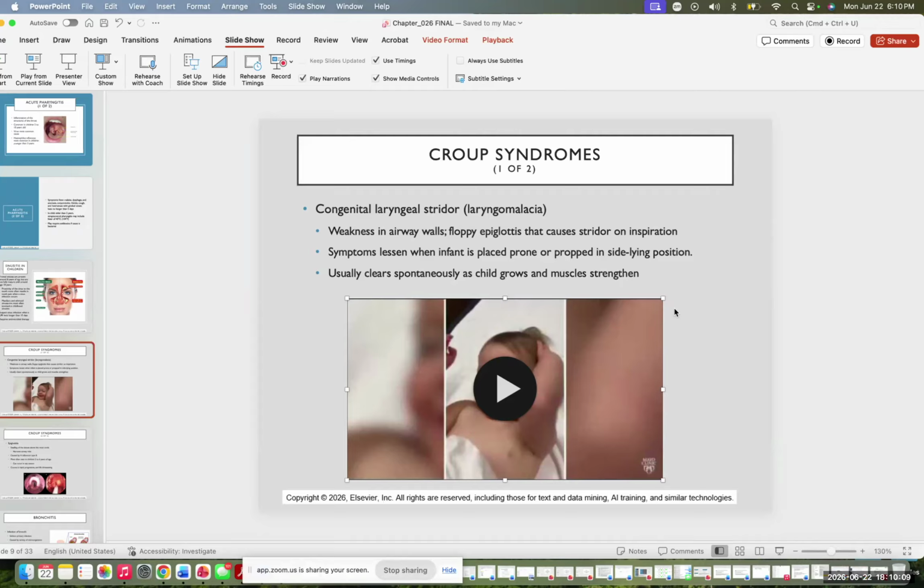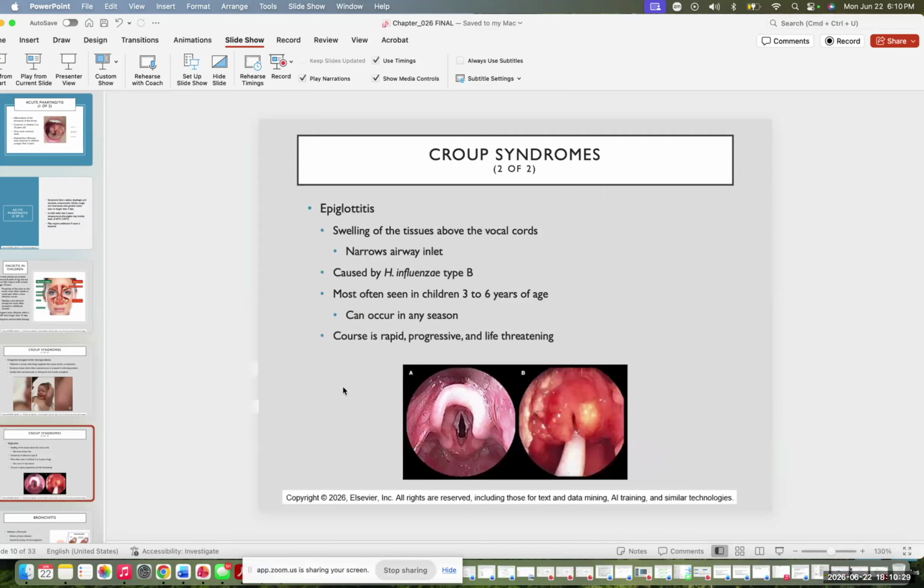Weakness in airway walls and a floppy epiglottis cause stridor on inspiration. When the infant is placed prone or propped in a side-lying position, you'll get less of those symptoms. It usually clears spontaneously as the child grows and muscles strengthen. But there are issues if something narrows those airways or the inlet.